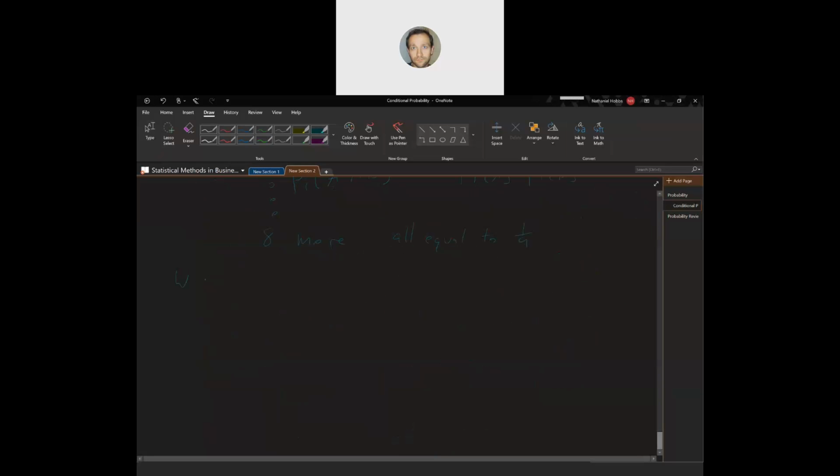So my question for you is, from this space, the real cave and knight's choice, what is the event that the knight finds the princess? We can call it E.